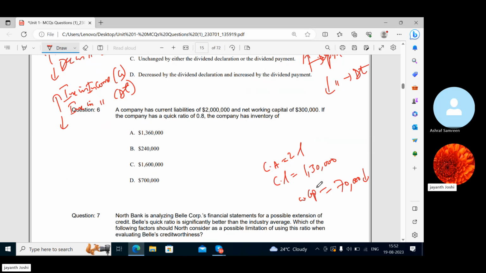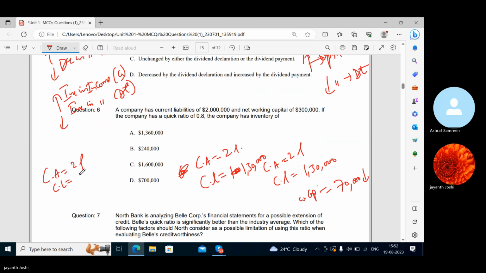But when I make the dividend payments, what is happening? Previously, current assets were 2 lakhs and current liability was 1 lakh, so my working capital was 1 lakh, 2 lakhs minus 1 lakh, right?